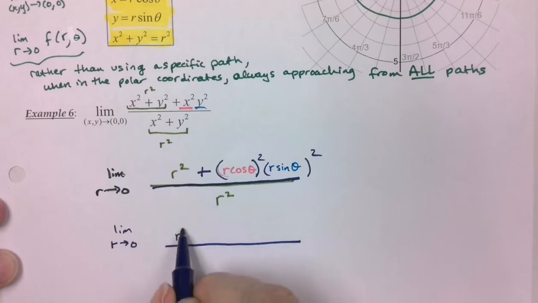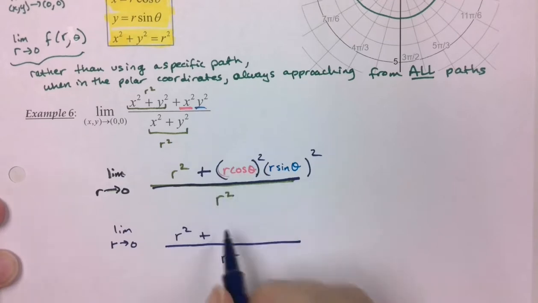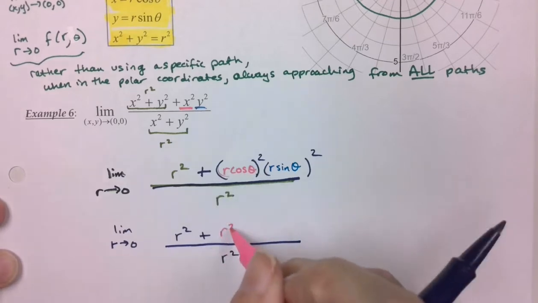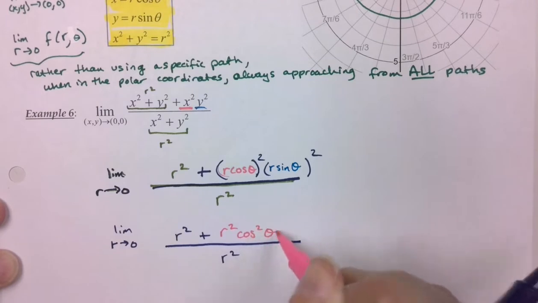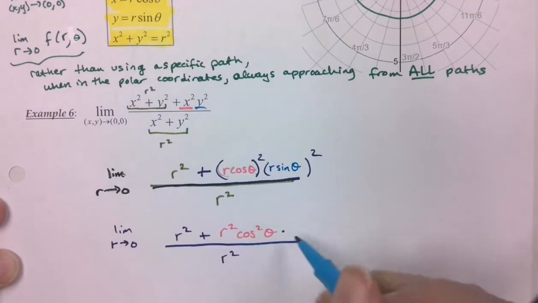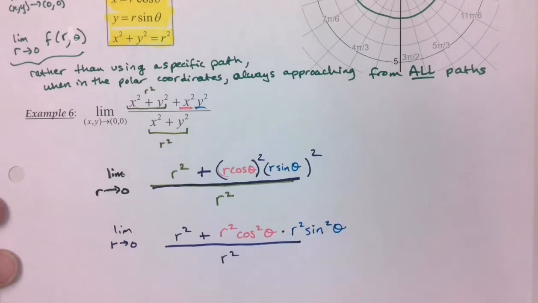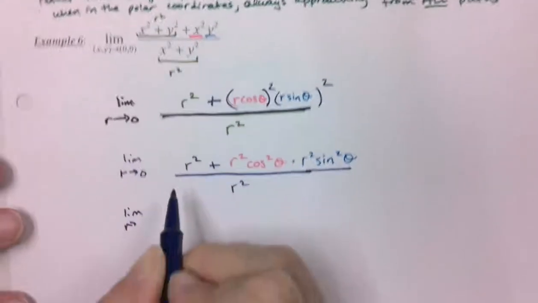So this is r squared plus, all right, this is going to become r squared cosine squared theta. So let me just write it that way. R squared cosine squared theta, and then multiplied by r squared sine squared theta. Okay, so that's the limit as r goes to 0.